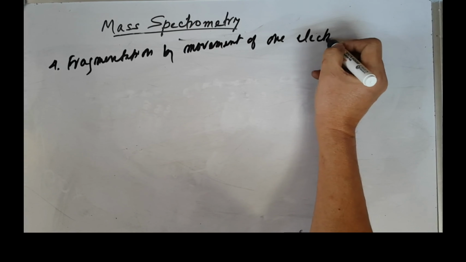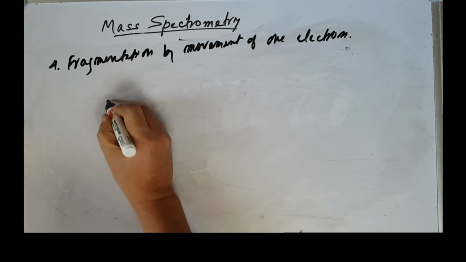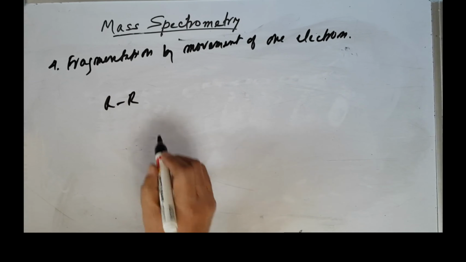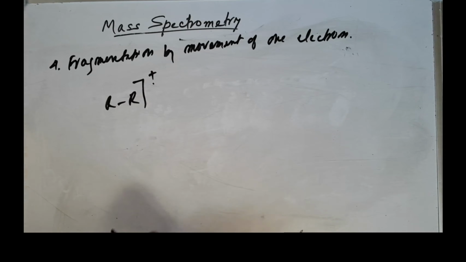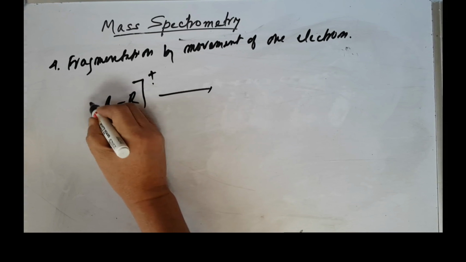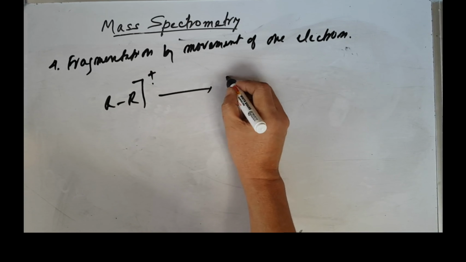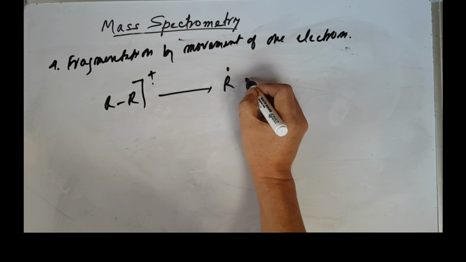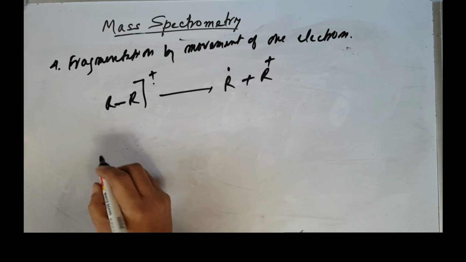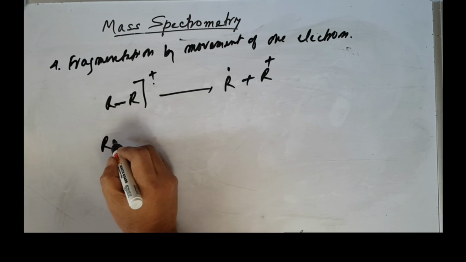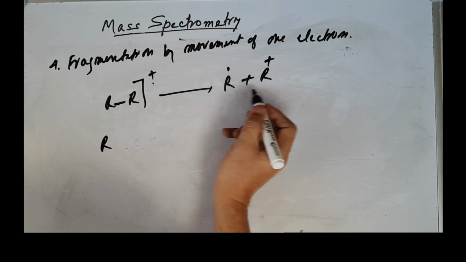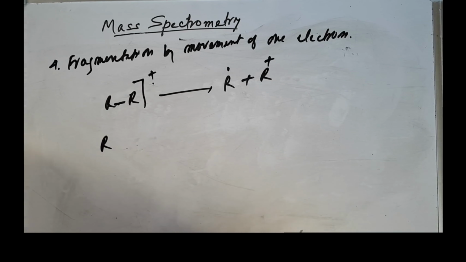So for example, let's say a neutral molecule is bombarded, then we get a molecular ion, the parent ion. It undergoes fragmentation, so one will give like this. Here, let's say this one electron goes to another one.